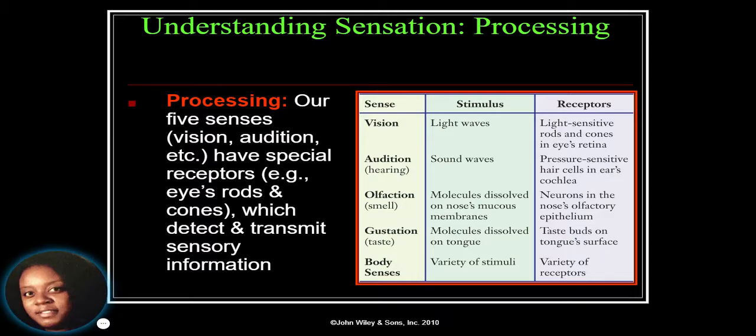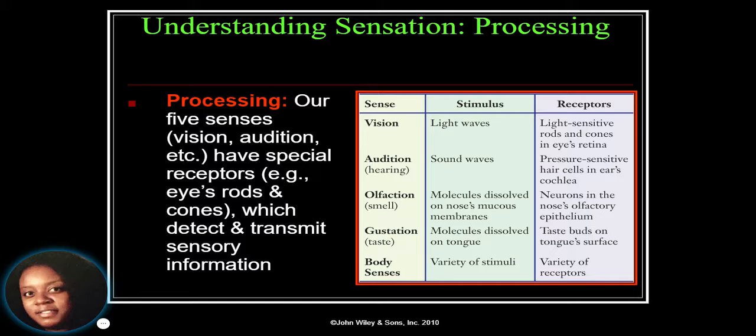When we process through our five senses, there are certain things that are happening in order for us to receive that information. For example, for our vision, there are light waves that make sense of the information, and we will talk more about that in a little bit. Our audition is known as your hearing, which is based on sound waves and hair cells in your cochlea.